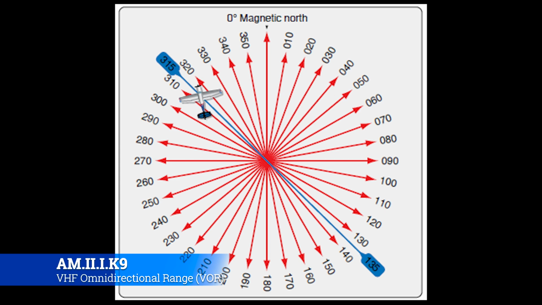You take your sectional, lay it out, and draw a bunch of lines, and where they all intersect, that's where you're at. It becomes a pretty accurate way to navigate, and this is the way that people have been navigating for a long time.